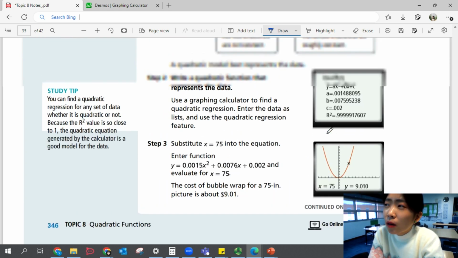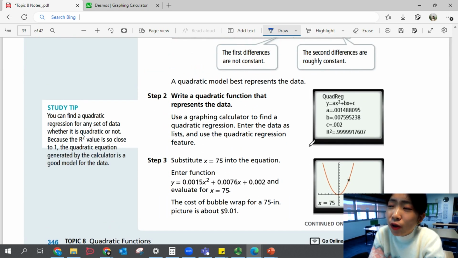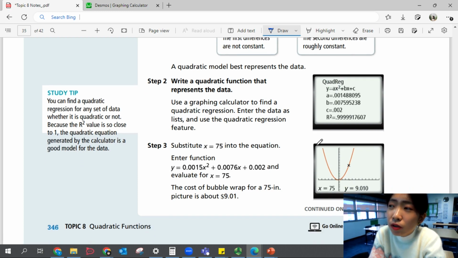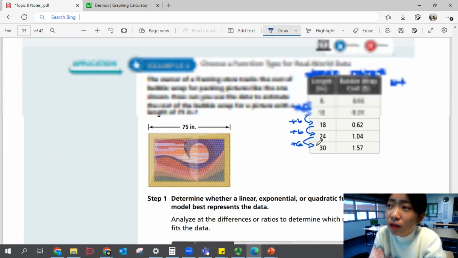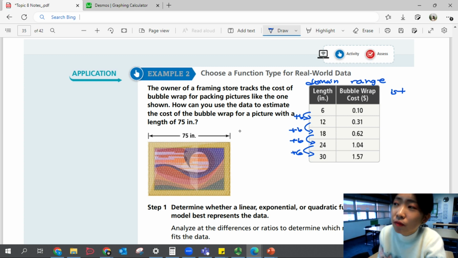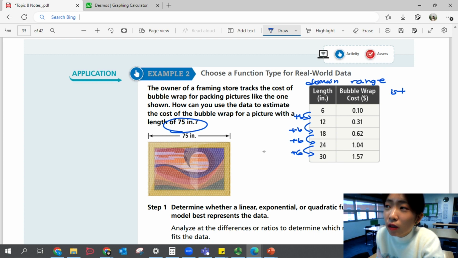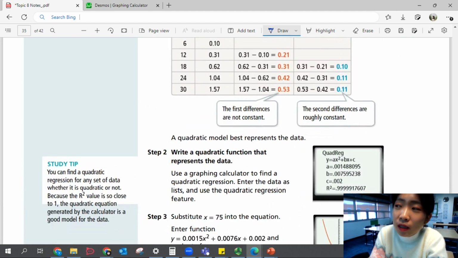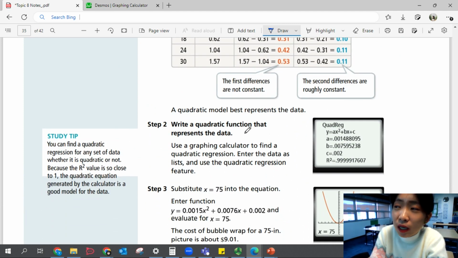All right, looking at the quadratic function, you can substitute x equals 75 into the equation because that's what we want to get, right? Oh, I didn't explain how to write the quadratic function.